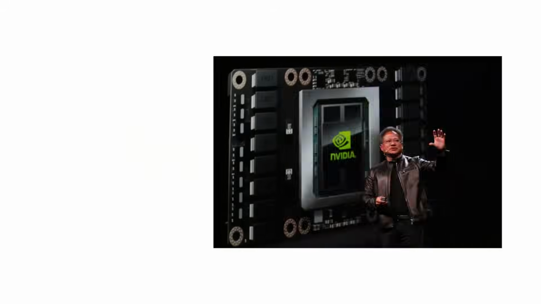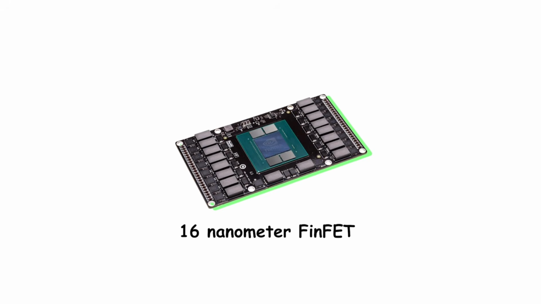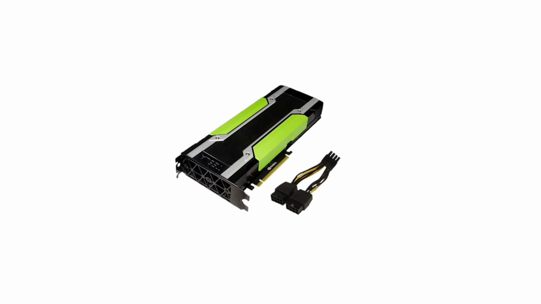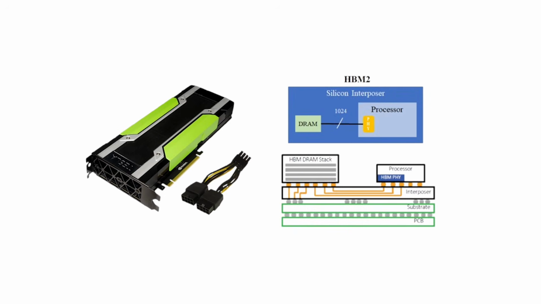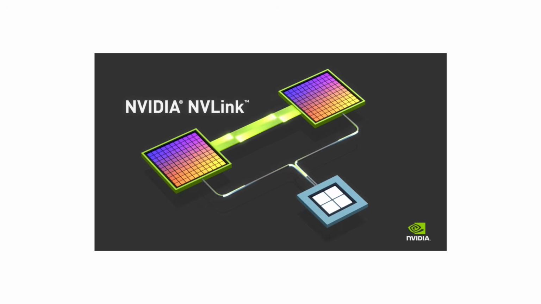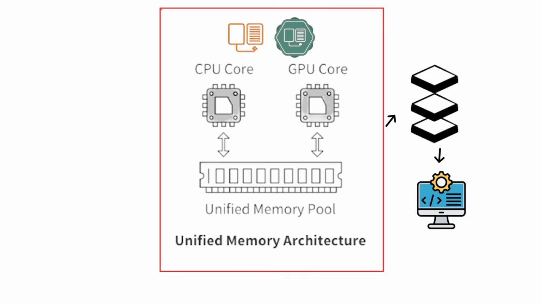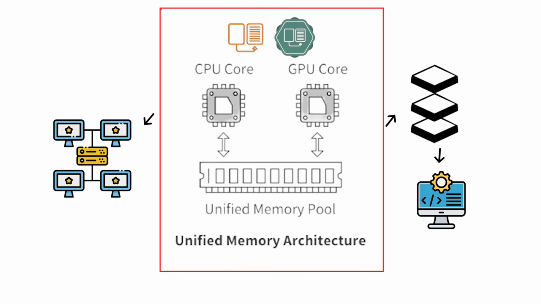Pascal, 2016 to 2017. Pascal moved to 16-nanometer FinFET manufacturing and pushed both graphics and compute forward. The data center Tesla P100 combined HBM2 memory, NVLink high-bandwidth interconnect, and unified memory with page migration, making very large datasets easier to program and faster to move between the central processor and the graphics processor.